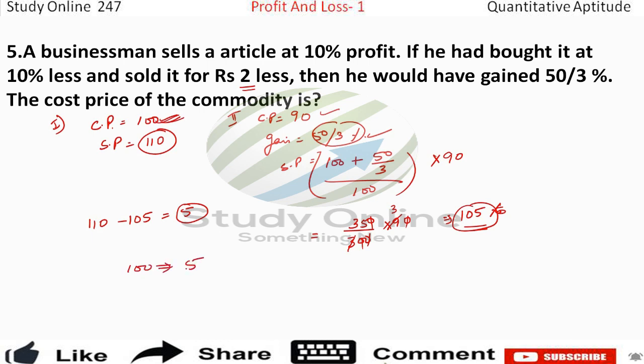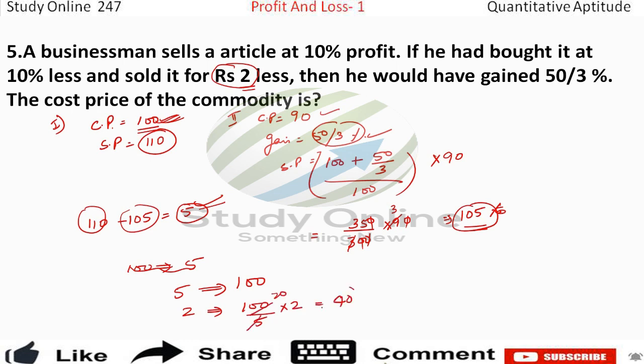Or you can take it like, if the difference between the first selling price and second selling price is 5, the cost price is 100. What is the difference in the question? The difference is 2. So if the difference is 2, what would be the cost price? It would be 100 upon 5 into 2. So it would be 40. So 40 is the answer.